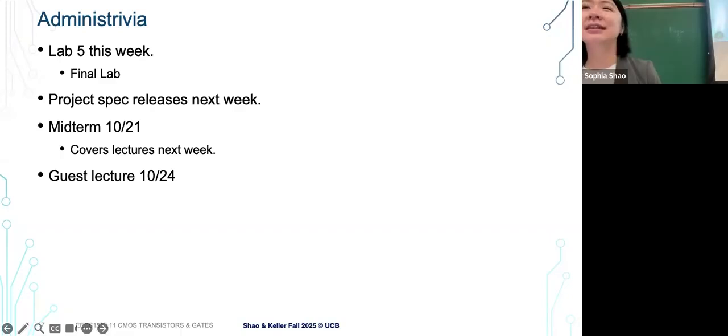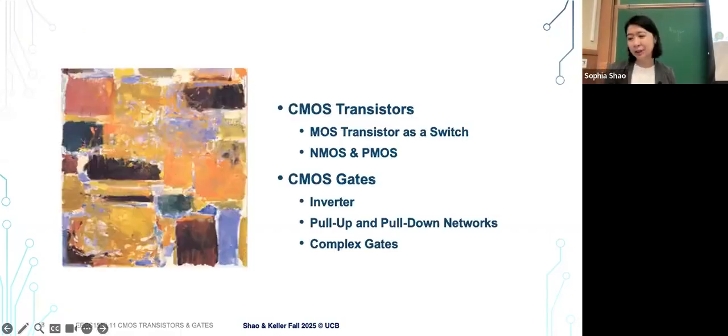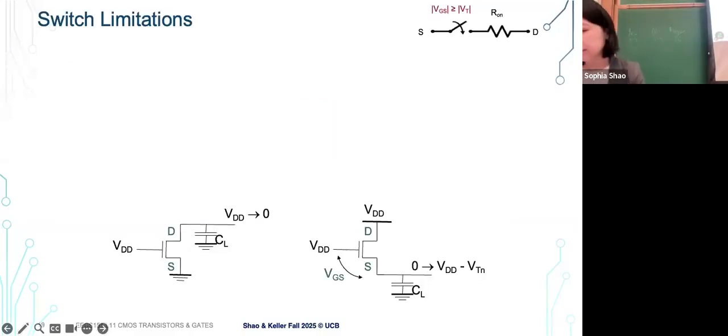Questions, thoughts? Okay, great. So we talked about the first part of the transistors, how we think about using a transistor as a switch, and how we think about both NMOS and PMOS. Next, we're going to talk about how we construct the PMOS and NMOS together as CMOS gates.